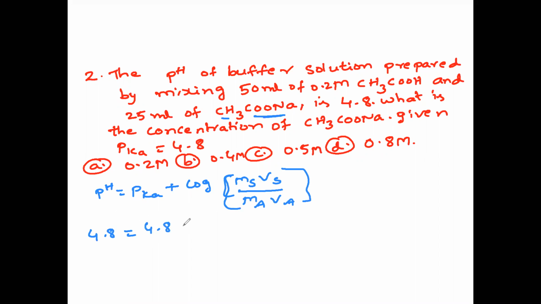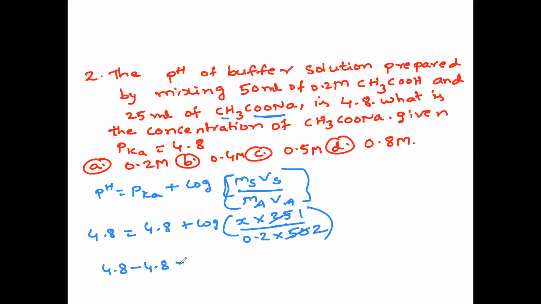So 4.8 equals 4.8 plus log of X, the molarity of salt that we have to find, into volume of salt, 25 ml, by molarity of acid, 0.2, into volume of acid, 50. Substitute this and find out the value of X. 0.2 into 2 is 0.4. If you bring 4.8 to this side, 4.8 minus 4.8 is equal to log of X by 0.4.